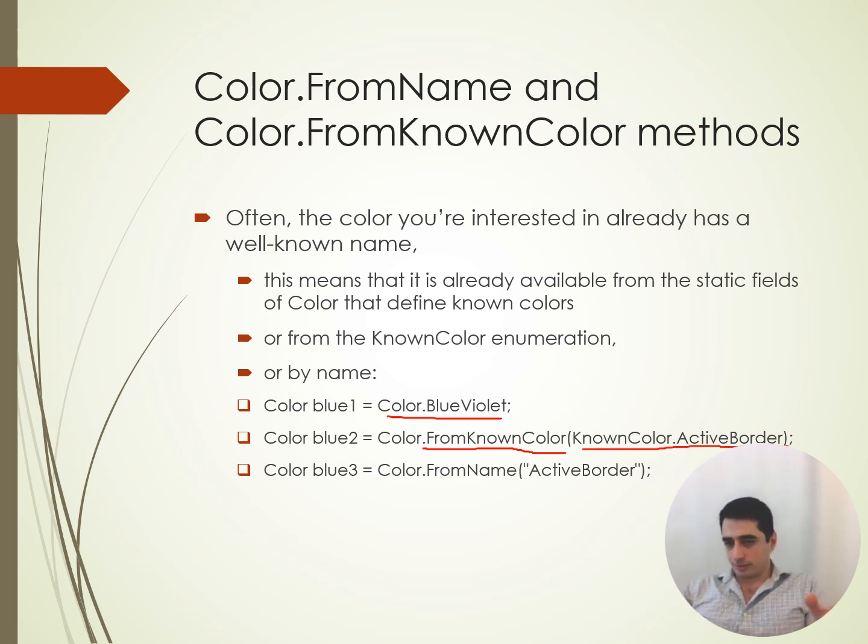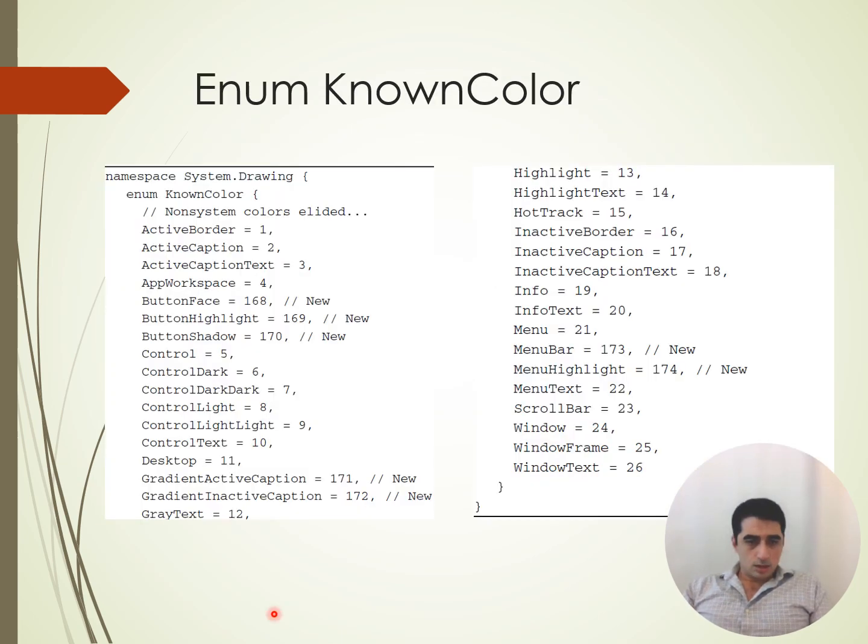That's a color of the active border of a Windows form. Or, for example, Color.FromName, and then you can pass a string that's the name of the color, in this case, ActiveBorder. And this way you can basically create one of those predefined colors. Here is the list of all the known colors. You can take a look at them.